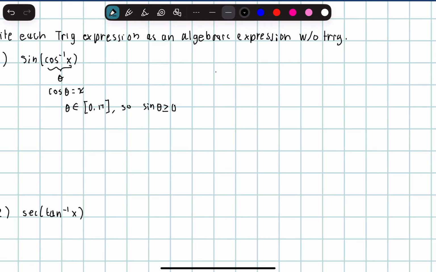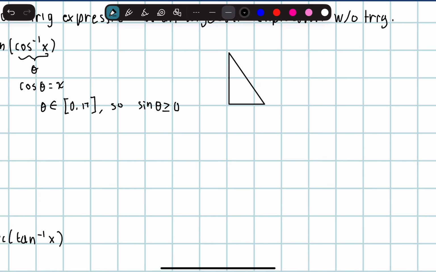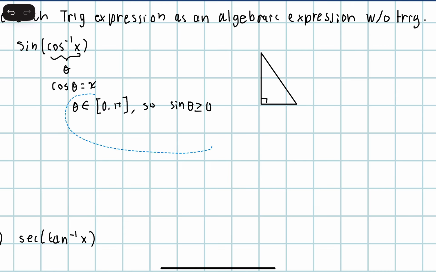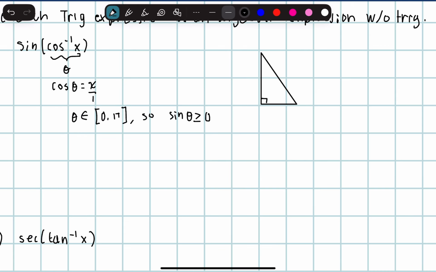Now for these, you have to draw a triangle for your strategy. You see that adjacent is going to be equal to x, and the hypotenuse is going to be equal to 1. Over here, that's adjacent, that's hypotenuse, and we're going to make this theta.